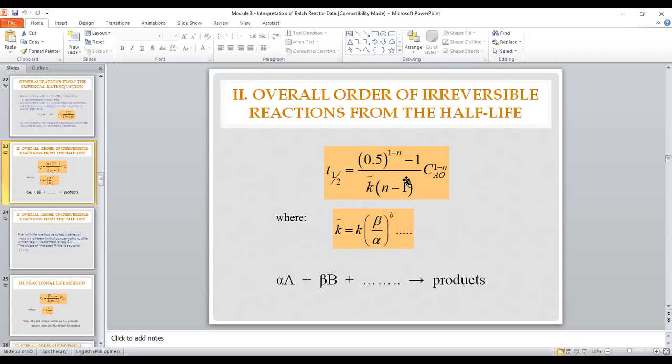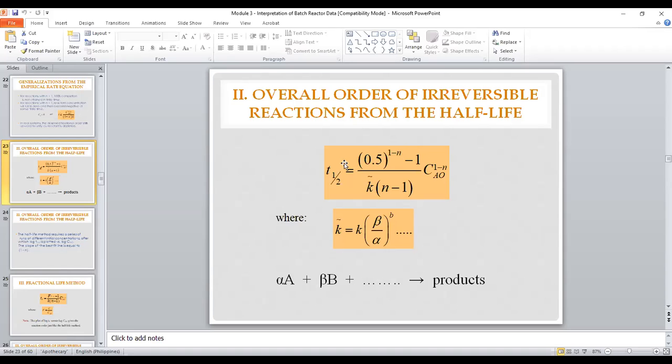The only difference of this formula with the one derived for the empirical rate equation, which is method 1, this is method 2, is that this time you're not given CA versus t, but rather you're given CA0 versus the half-life. This tells you that the set of empirical data was arrived at by starting with different initial concentrations of your reactants and correspondingly measuring the half-life based on those initial concentrations.